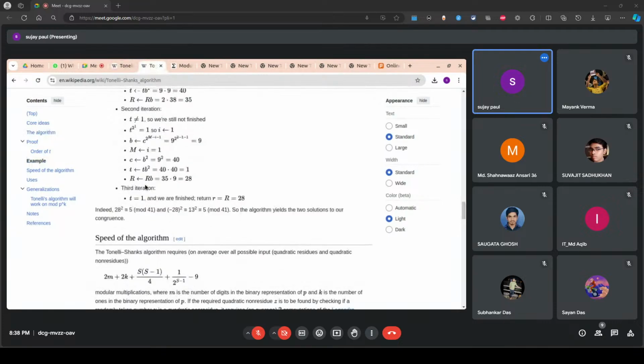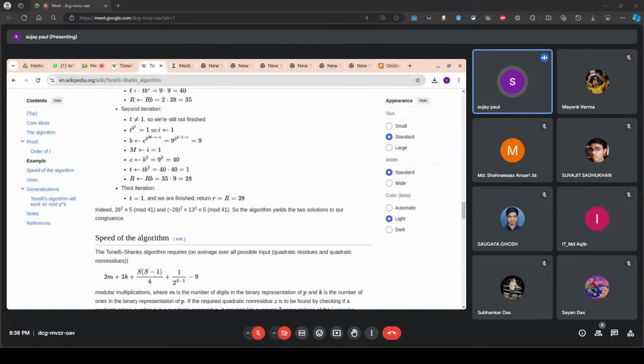Now, what you can do, you can go through the same example and try to write your own algorithm, or in whatever language you are comfortable, C, Java, C++, Python, whatever. Try to implement the thing. Don't go for a large number.